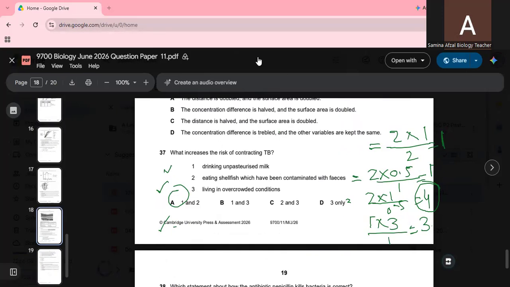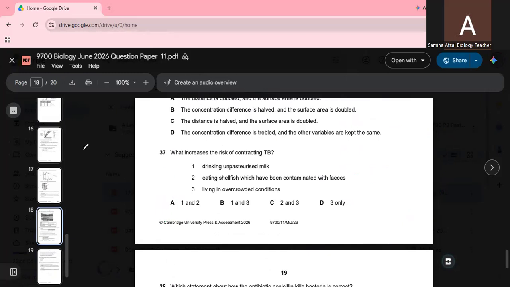Now question 37 is, which increases the risk of contracting tuberculosis?